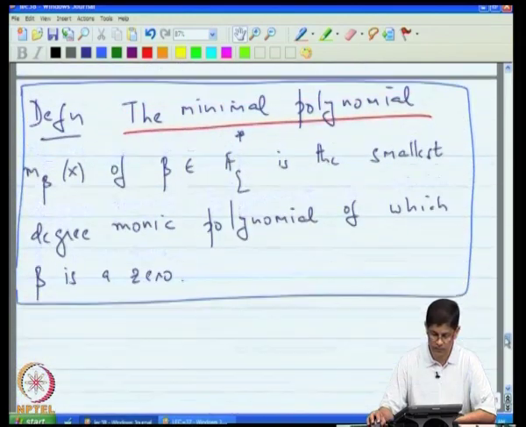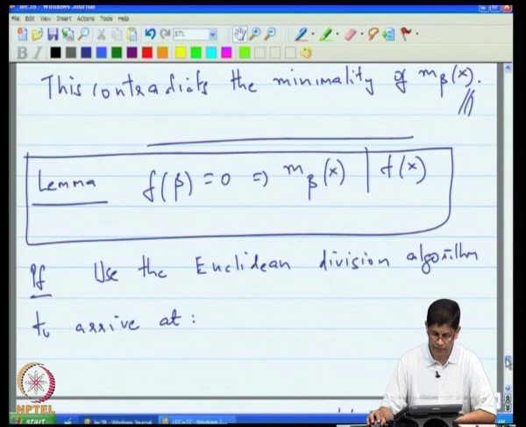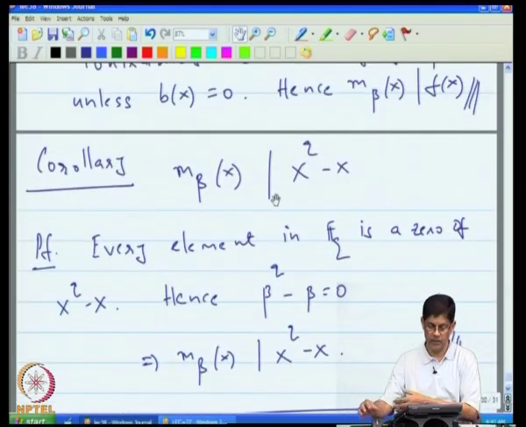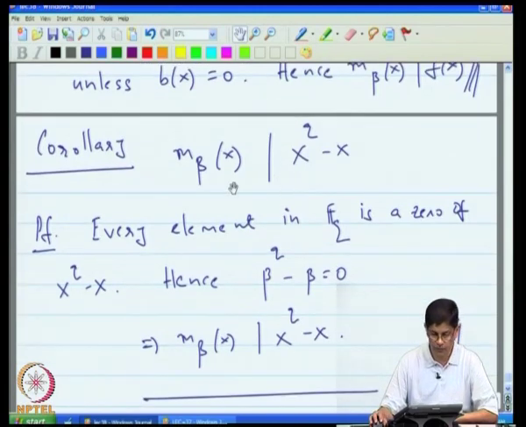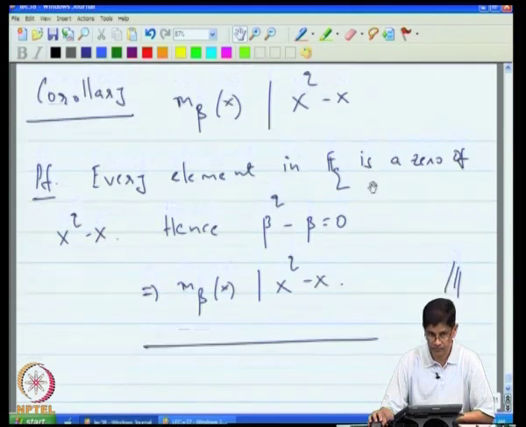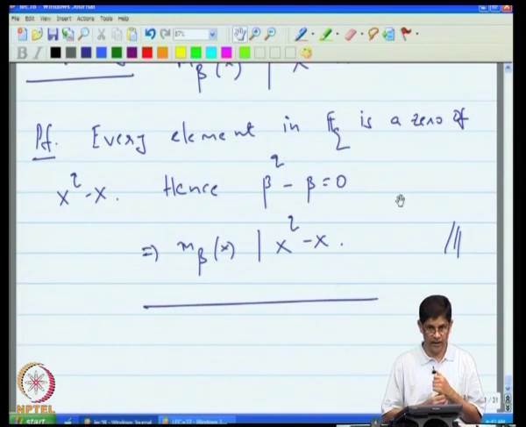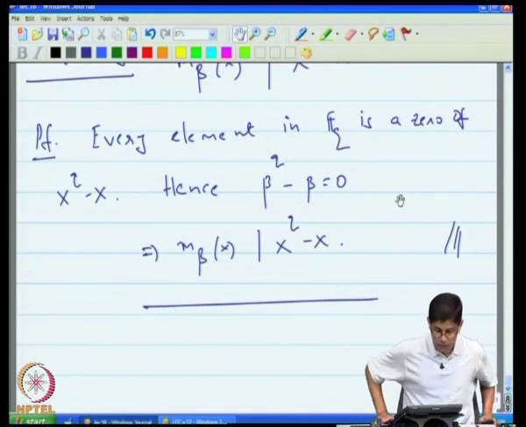But we have just proven that the only way that can happen is if the minimal polynomial divides x to the q minus x. So, what that means is that we have shown that the minimal polynomial of every element in the finite field divides x to the q minus x. All right. So, that is where we are with respect to minimal polynomials.